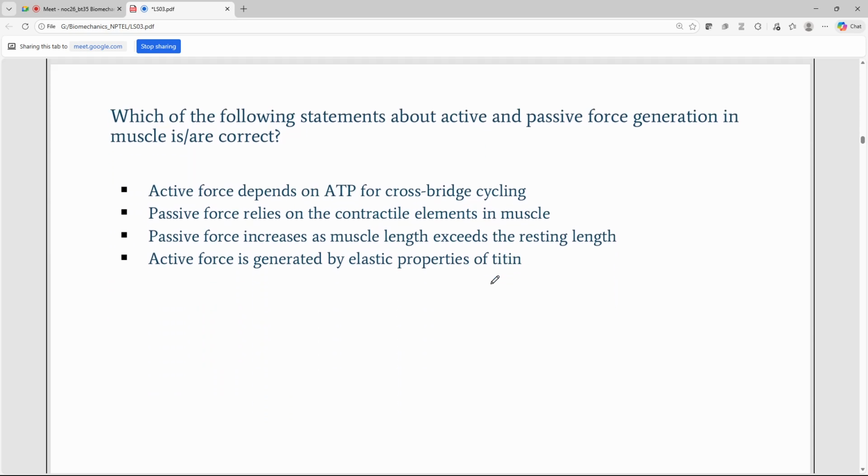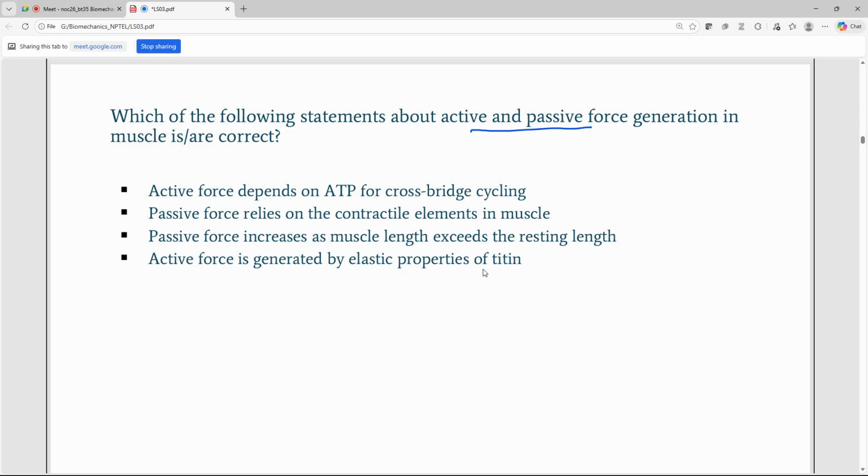Next question. Which of the following statements about active and passive force generation in muscle is/are correct? The options are: active force depends on ATP for cross bridge cycling; passive force relies on contractile elements in muscle; passive force increases as muscle length exceeds the resting length; active force is generated by the elastic properties of titin.